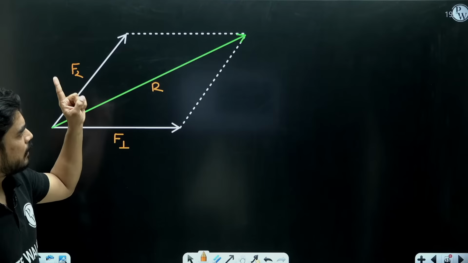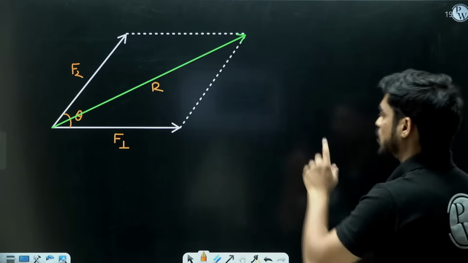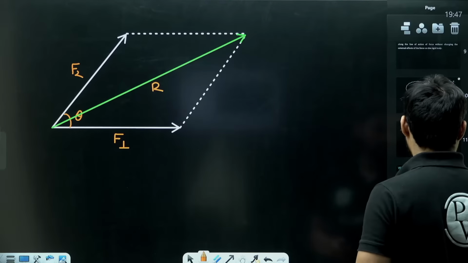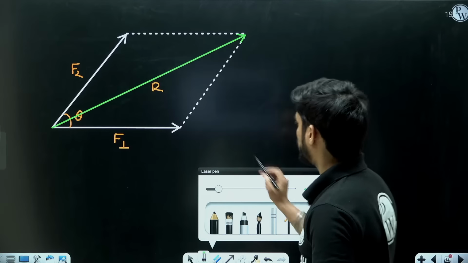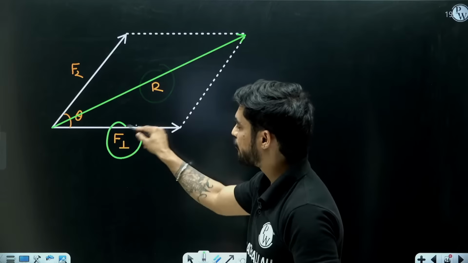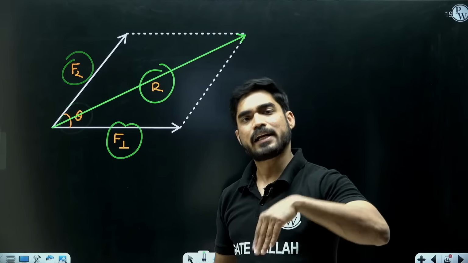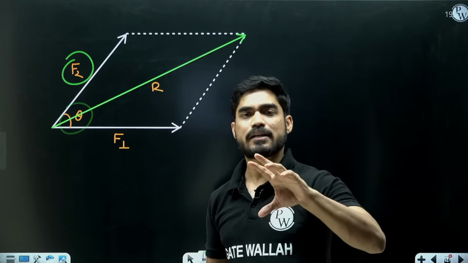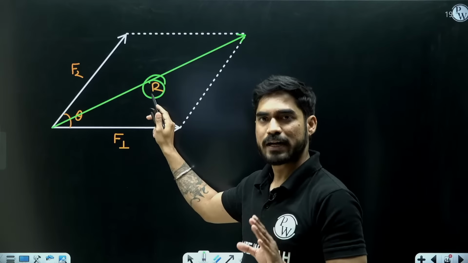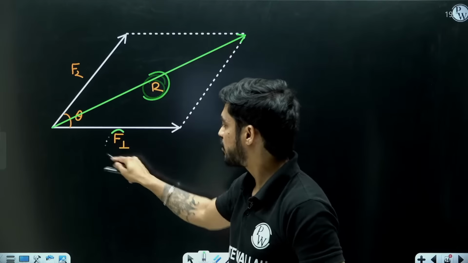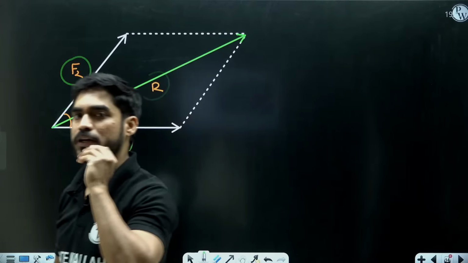Now we can find the equation of this resultant by solving this. So what we are going to do in the next step is find an equation of R in terms of F1, F2 and theta, so that in later cases we will directly use this formula of R. Let's understand how we are going to find this formula.